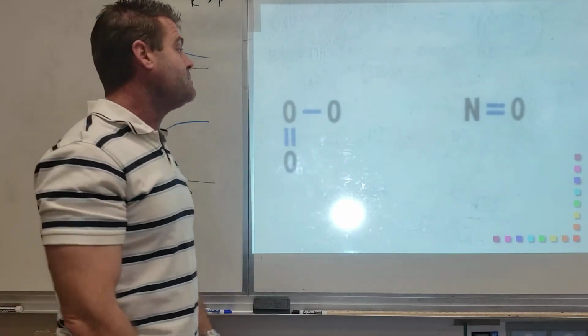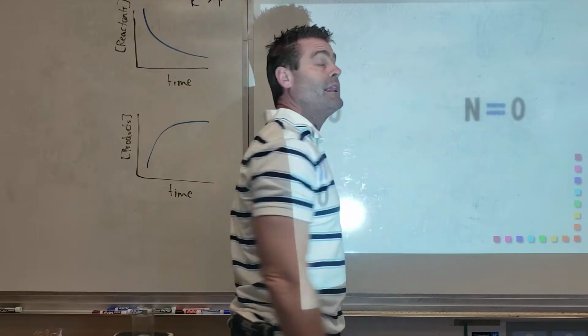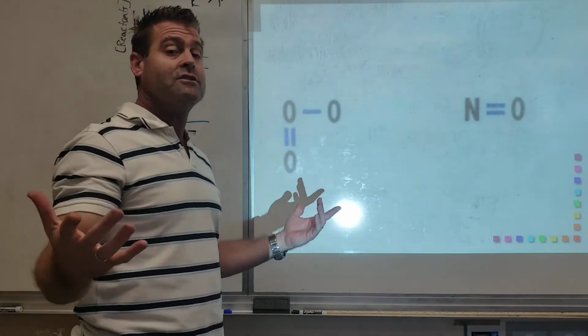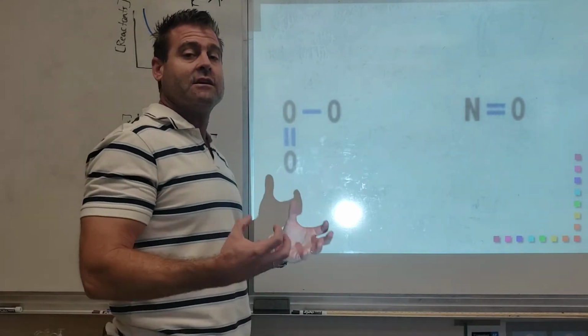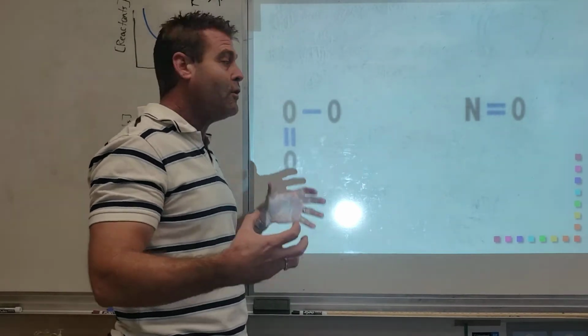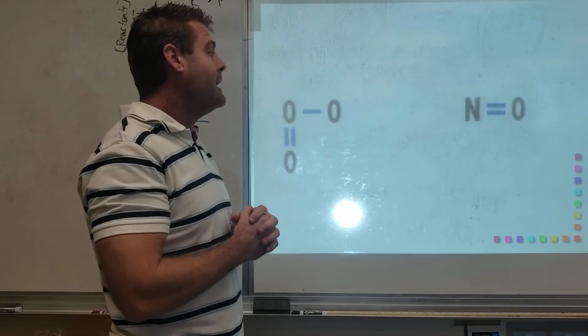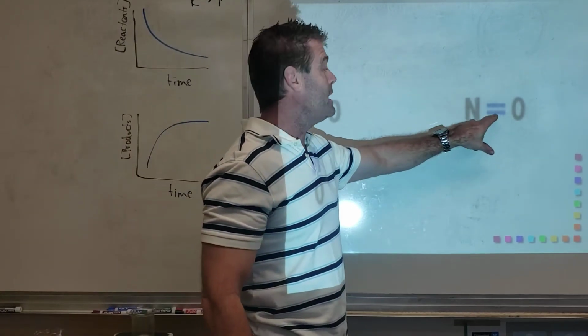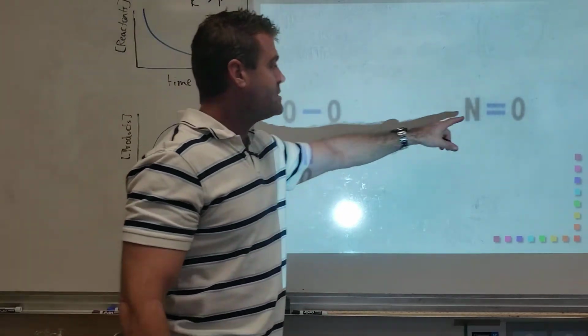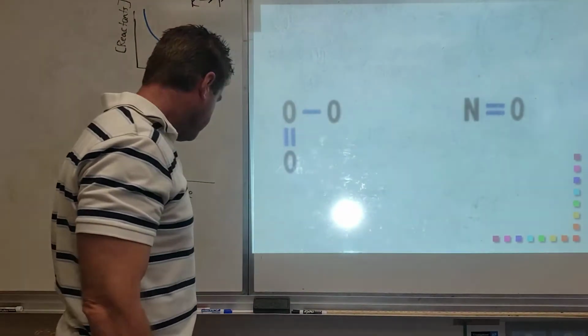Let's say they didn't collide with enough energy. Because what do you have to have energy in order to do? Don't you have to break existing bonds first? And those have a certain amount of bond energy. If they don't collide with an energy at least equivalent to the bond energy of the existing bonds, then those bonds are just going to stay intact.